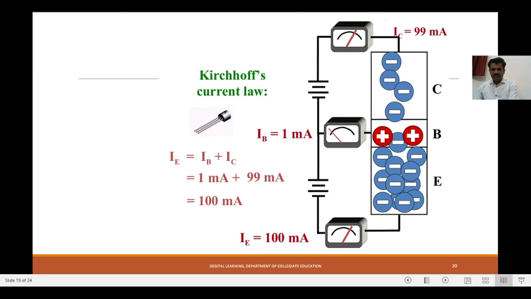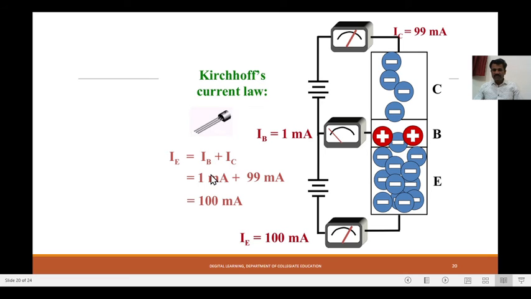For a transistor you can apply Kirchhoff's current law. Across this junction, the current which is coming out from the emitter will be equal to the current which is recombining and the current which is flowing through the collector. Hence IE, the supplied current, is equal to the current getting recombined at the base and the current collected across the collector.